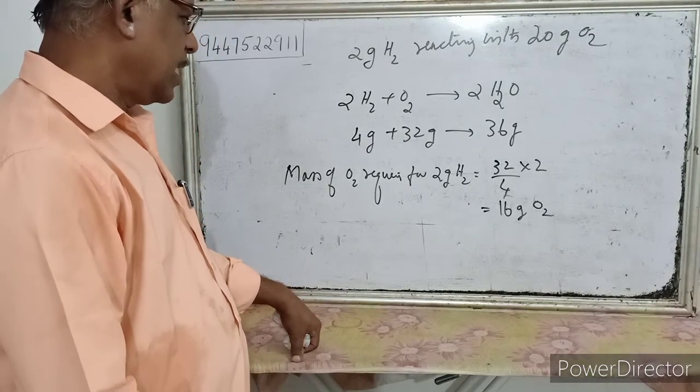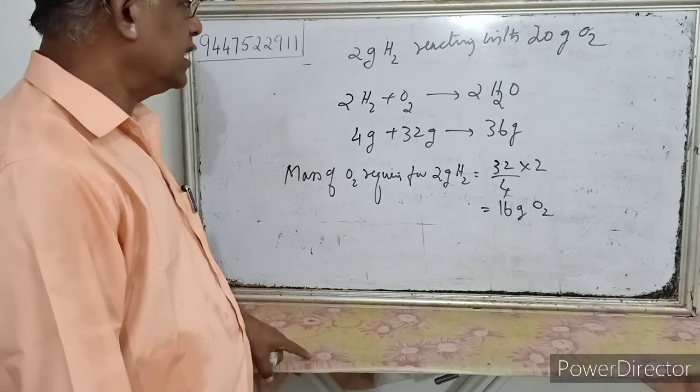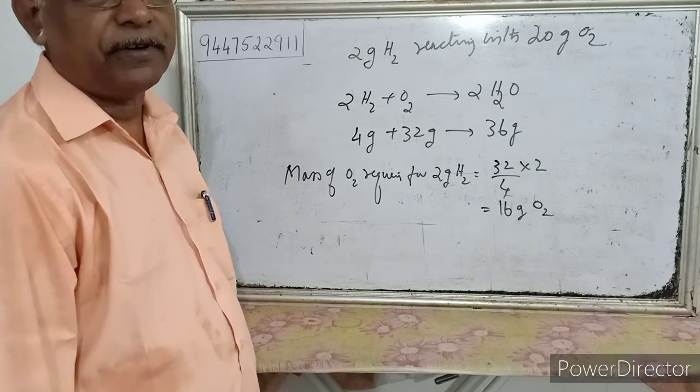So here hydrogen is completely consumed during the reaction, but there are 4 grams of oxygen left behind.